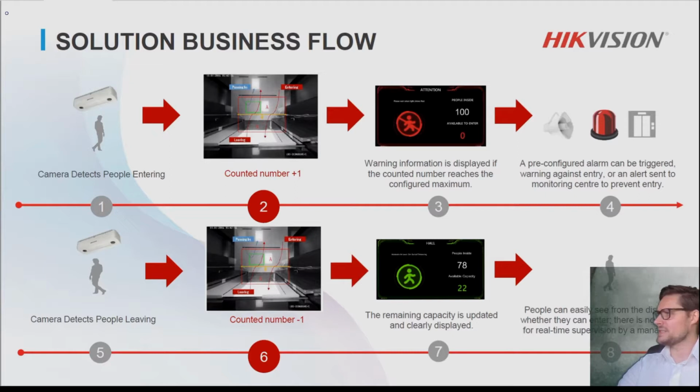Like you see, that is an example of 100 people in the shop. If the count reaches 100 people getting in, it will show a message to stop people getting in.